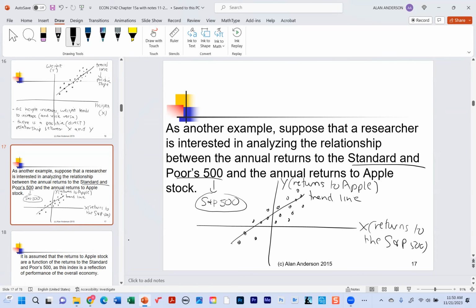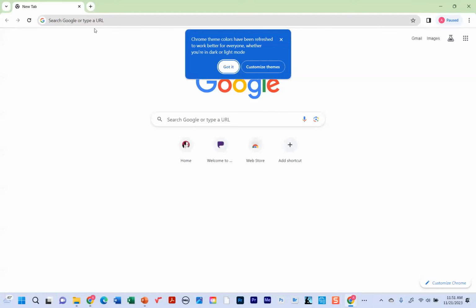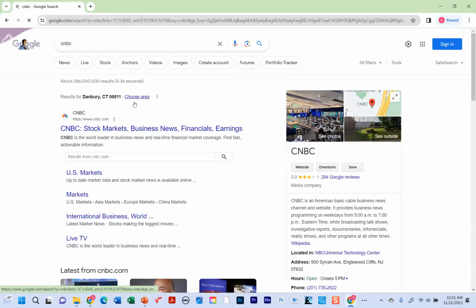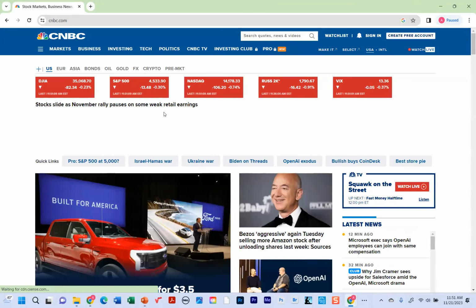When the S&P goes up, that means things are going well. When the S&P is going down, things are not going so well. In fact, if you look at any website that's dedicated to investments analysis, you'll see that one of the first things they will want you to know is what's going on with the S&P 500.